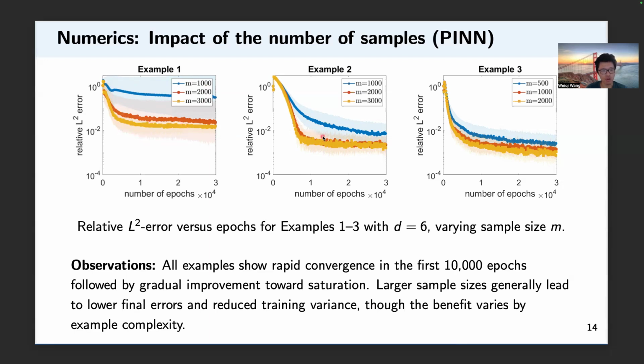More samples usually give a lower floor and more stable training. The gain depends on the example, but the trend is clear. This matches the theory: the error from the noise starts to shrink with more samples.